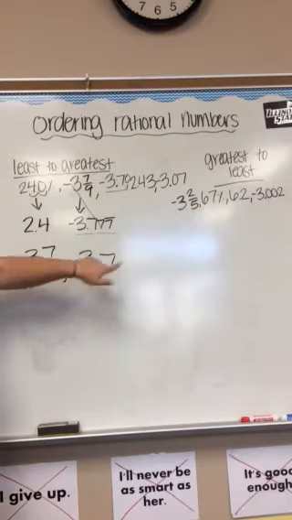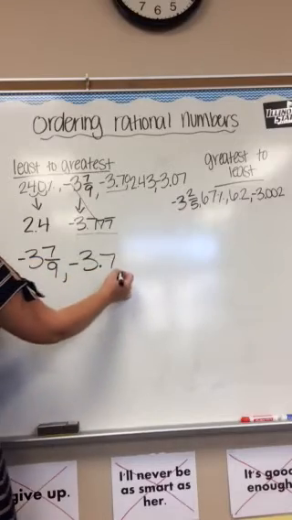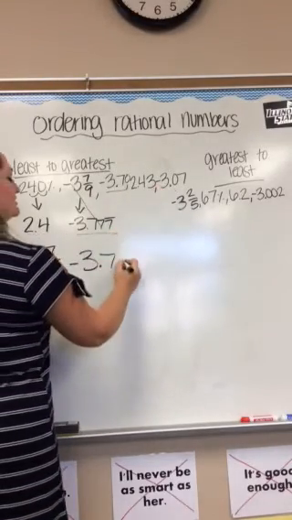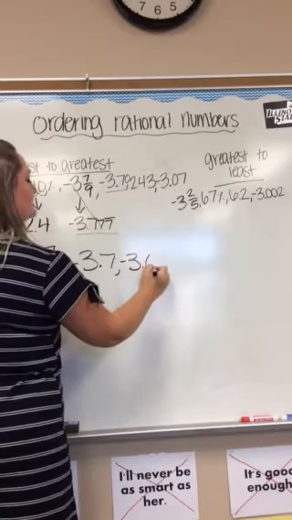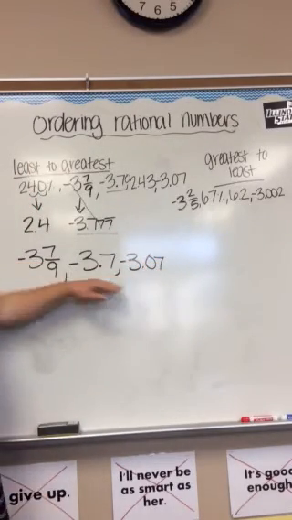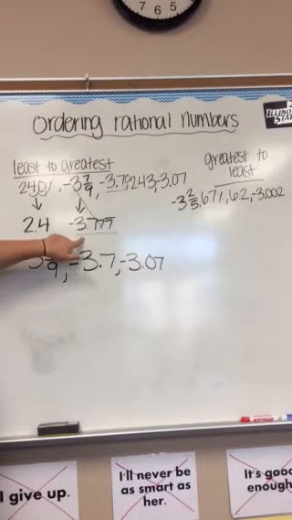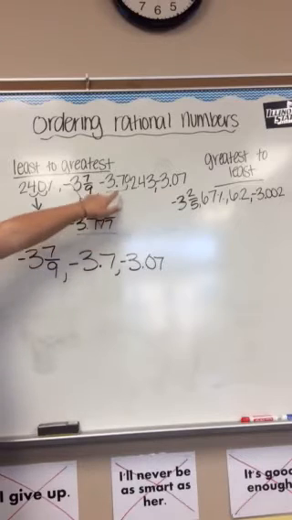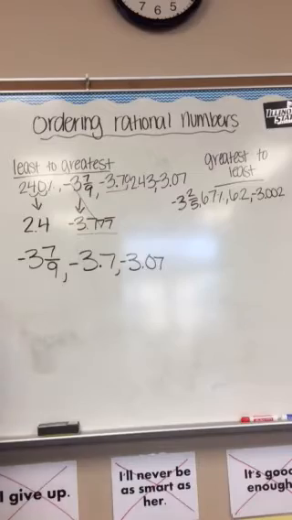So now I'm working my way closer to 0, and then this one is just a bit closer to 0. This one would be largest as a positive, so now it's the smallest as a negative. It's just a little bit bigger than this one because if we look in our hundredths place, there's a 7 instead of a 0.